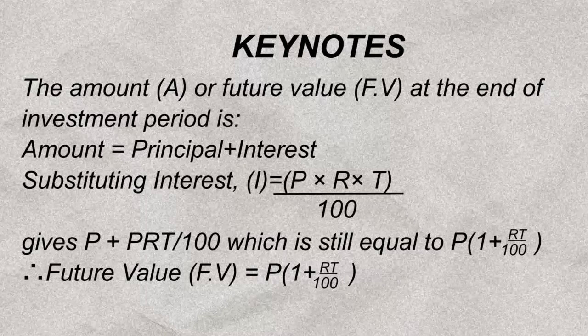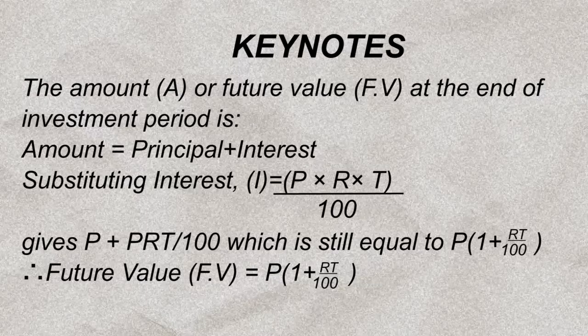If we substitute the interest I, which is equal to P times RT over 100, we arrive at P plus PRT over 100, which is equal to P in brackets 1 plus RT over 100. Therefore, the future value is equal to P times bracket 1 plus RT over 100. That is all you need to know on simple interest.